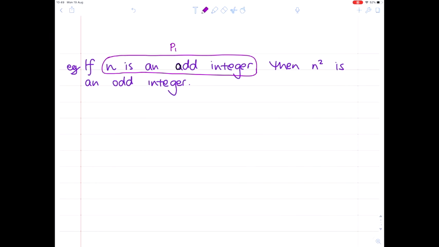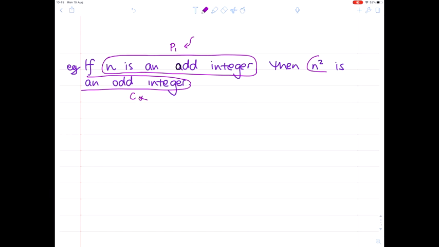We just have the one premise. And what we're trying to show is that if our premise is true, then n squared is an odd integer, so that must be our conclusion. So we want to start by assuming that our premise is true, do some logical steps, and hopefully end up showing that our conclusion is true.